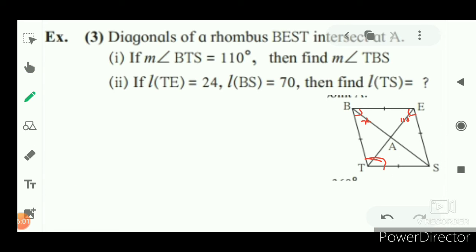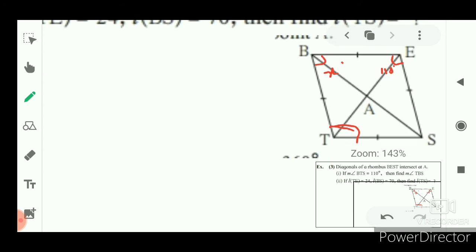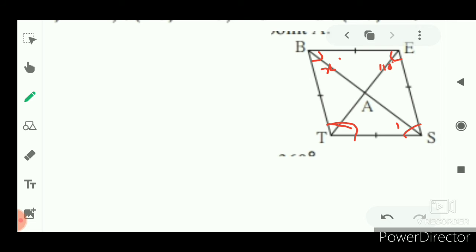So let's suppose angle TBE is x degrees. The opposite angle of TBE is TSE, so that will also be x degrees.